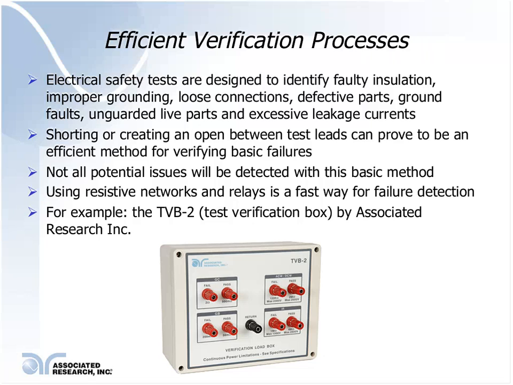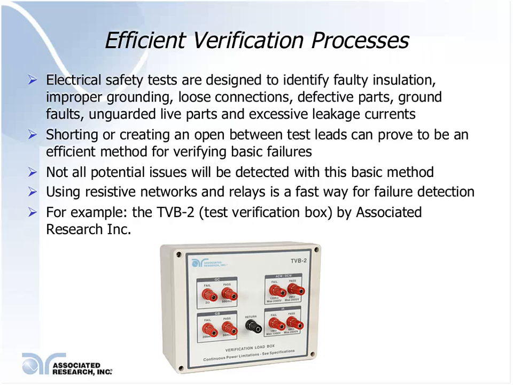Therefore, simply shorting or creating an open between test leads can prove to be an efficient method of ensuring the base failure detectors on an instrument are operating normally. However, such methods cannot catch all the potential issues with the unit.